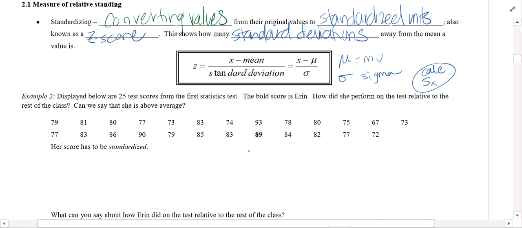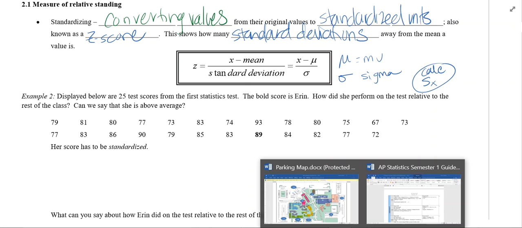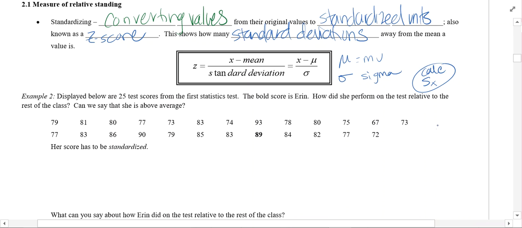So what we're going to do is put this into the list. Go ahead and get this data in the list, and then we can do one variable stats to find the mean and the standard deviation. Get your calculator going, get that data in the list.